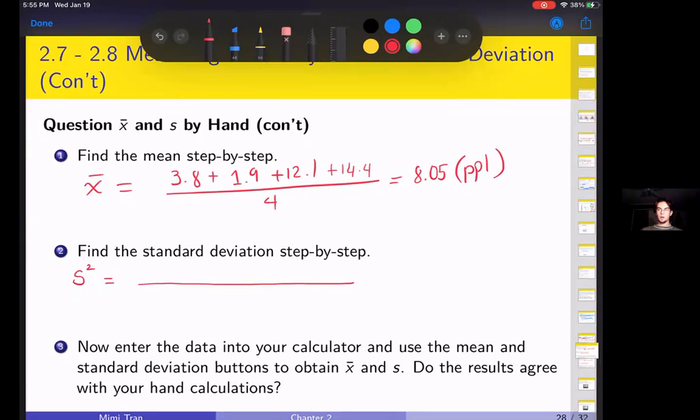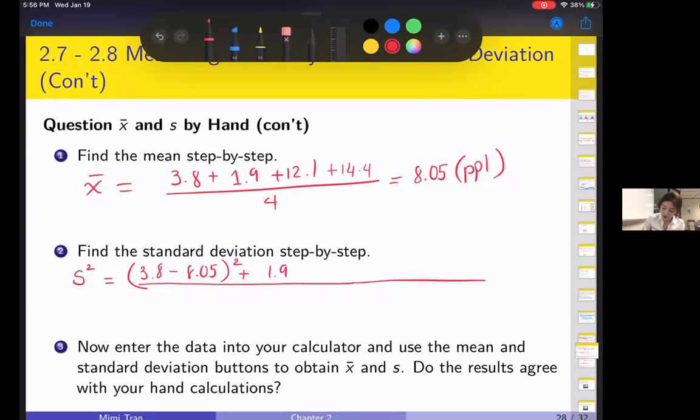It's the value minus the mean, squared. Very good. So each of the values minus the mean, squared. So 3.8 minus 8.05 squared. By the way, the variance is never negative. You take 3.8 minus 8.05, it's negative, but it's being squared. Everything is squared and then added up, so it's always positive.